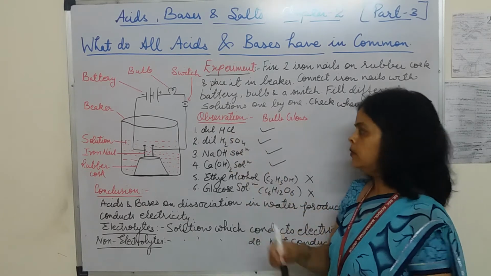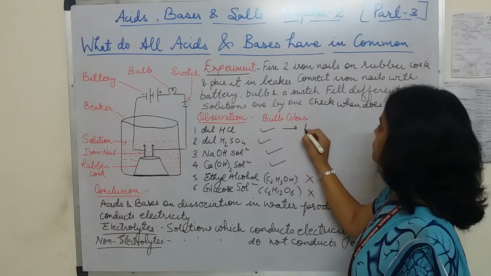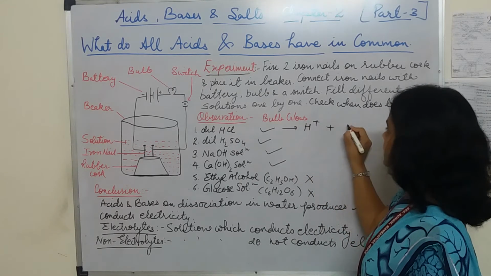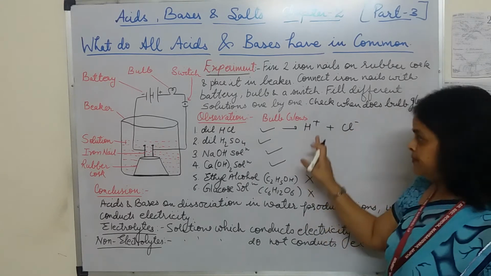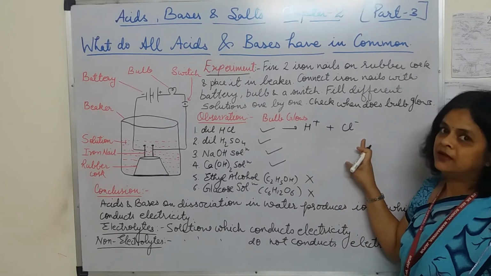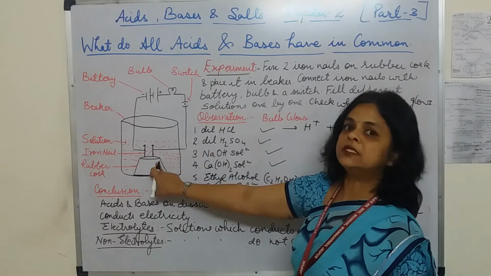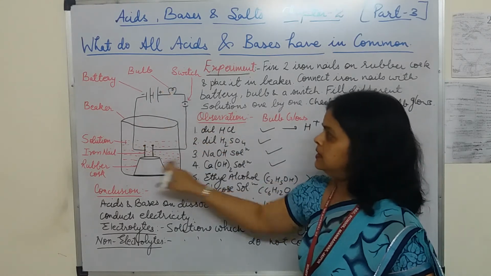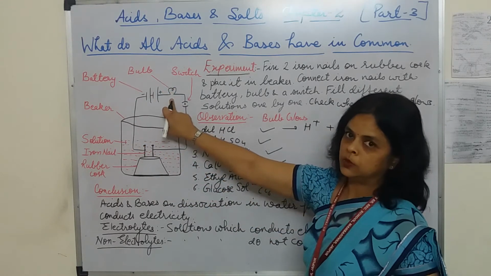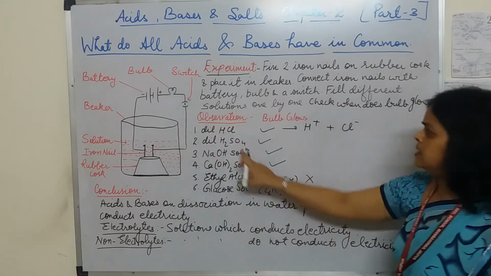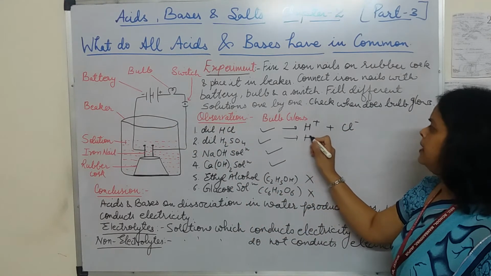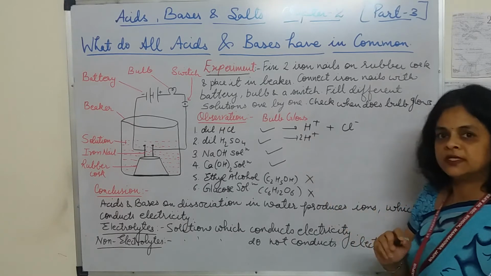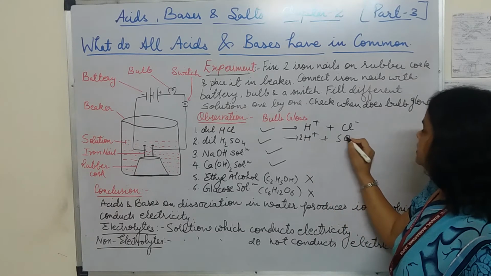For dilute HCl, we can write that it dissociates to form H plus ions and Cl minus ions. That means it is giving ions. When ions are present, the solution becomes conducting because the ions conduct the electricity, the circuit gets completed and the bulb glows. Similarly, H2SO4 is going to form 2H plus ions and along with that, sulfate ions.